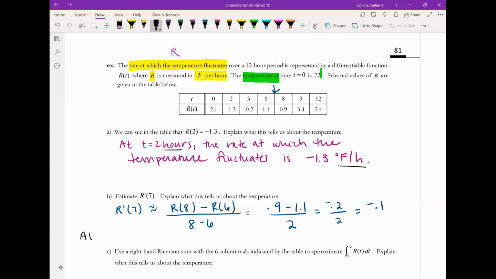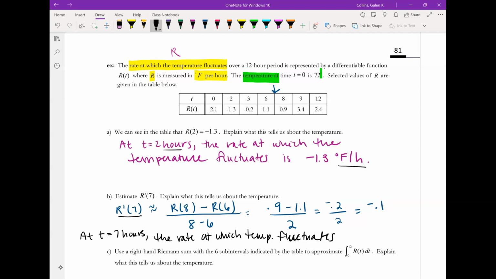So to explain that in context, remember that this is an approximation. So we would say at t equals 7 hours, the rate at which temperature fluctuates, so that's r. Oops, it's hard to write. Remember, we're explaining how r is changing in an instant.